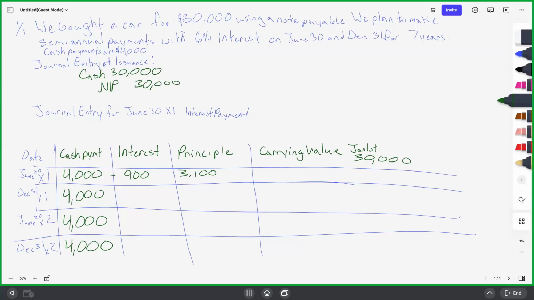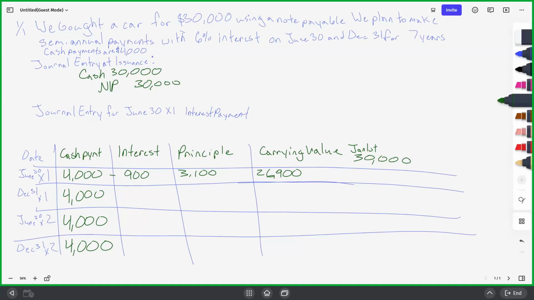Welcome in, we're working on a note payable problem. All right, so we know our carrying value is going to decrease. Gonna bring that to 26,900. All right. Next payment. What's happening? Same thing. What about the new carrying value?